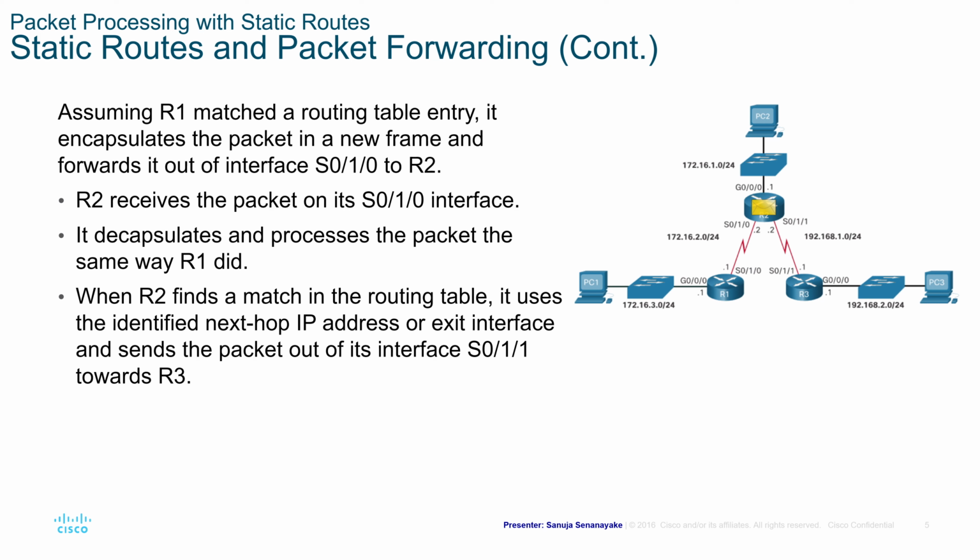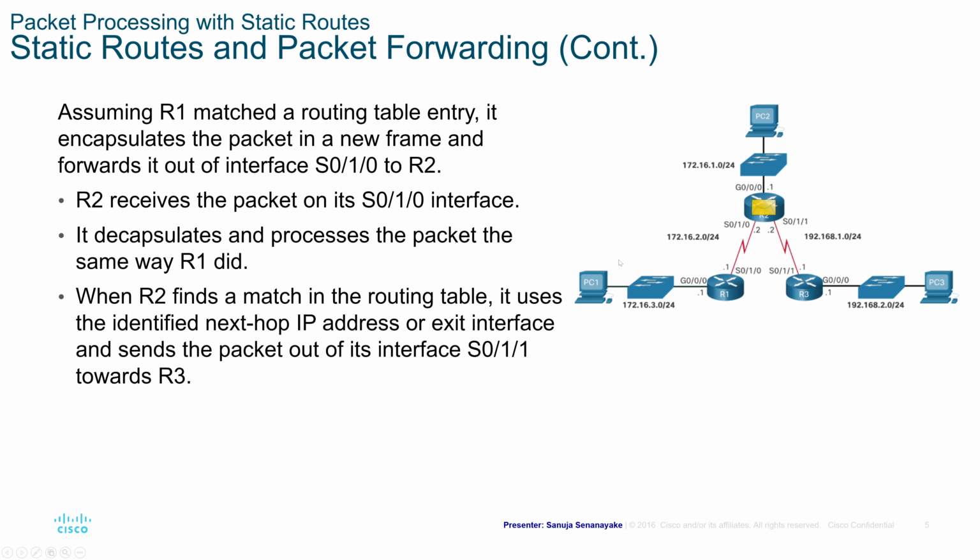Assuming R1 matched a routing table entry, it encapsulates the packet in a new frame and forwards it out the interface S0/1/0 to the R2 router. So assuming there is an entry in the routing table that matches, showing it's supposed to go to this S0/1/0, it's going to re-encapsulate the packet and send it out to R2.